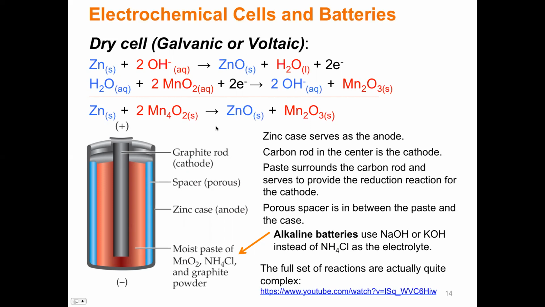So basically what they're doing is they're accepting the electrons that are being generated, and the electrons are being passed between the reduction reaction and the carbon rod, all right? And if you look at the video, that explains it kind of nicely how it works, all right?